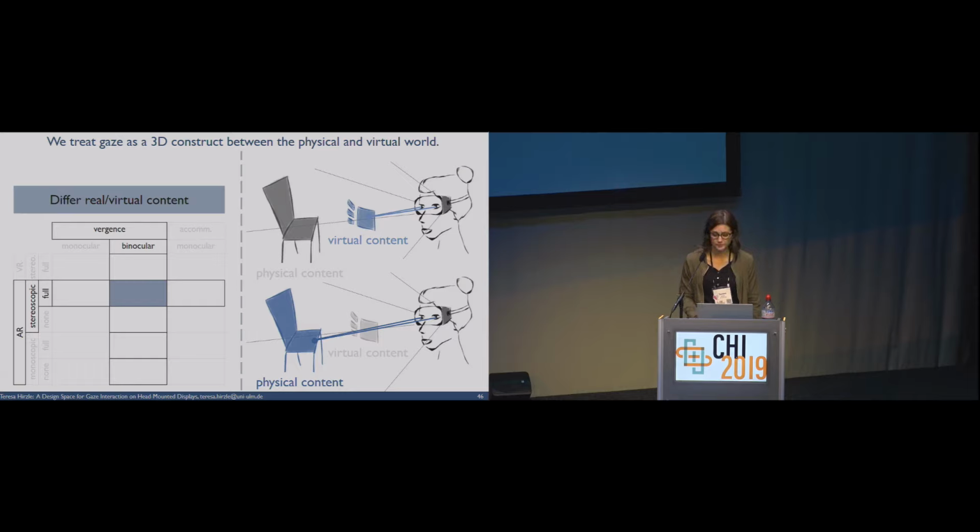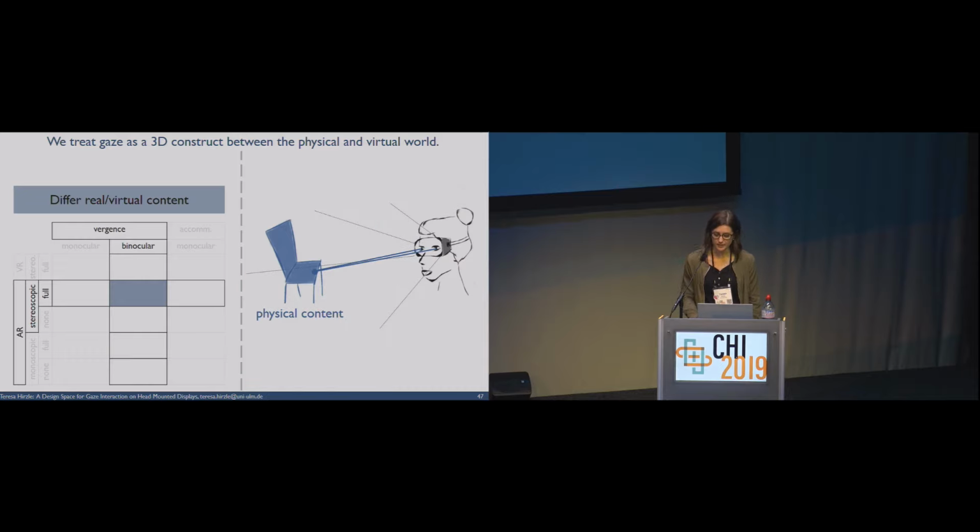And one example of what we could do with it is fade out the virtual content once we realize that a person is looking at something physical. And then if we realize that the person wants to interact with the virtual content again, we fade it in again. So we can switch between those two.